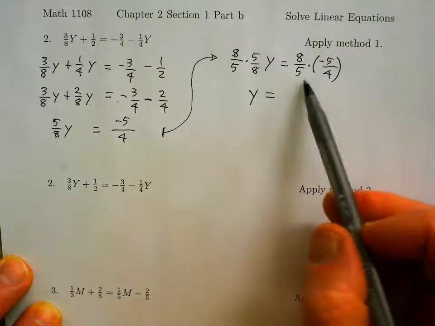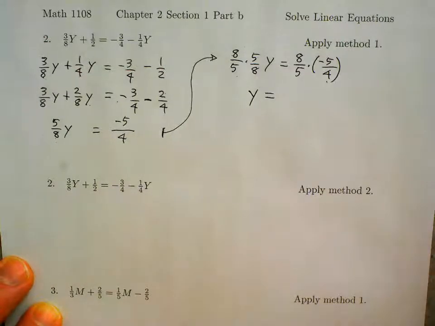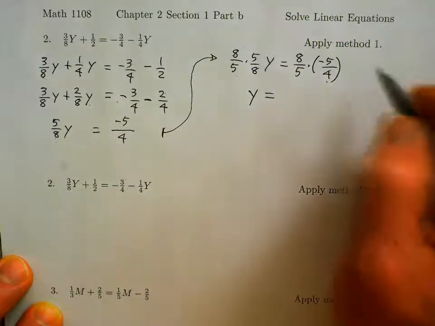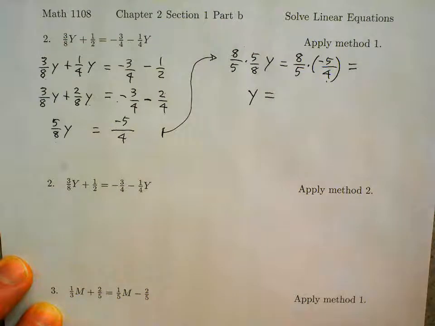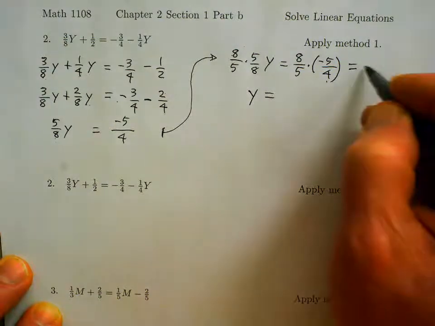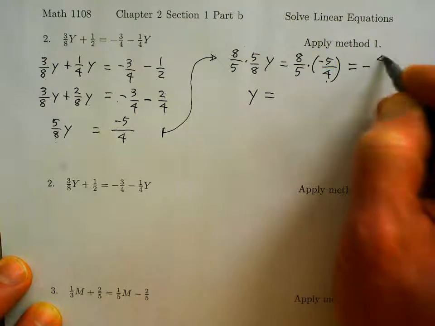And then 8/5 times -5/4. Well, we can simplify this in a couple of ways. One way is to write negative 40 over 20.